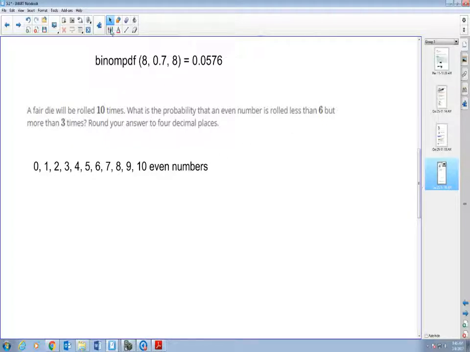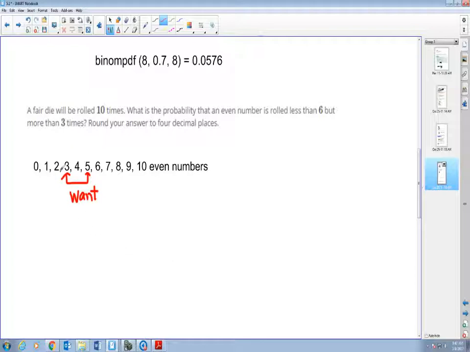This problem wants me to find less than 6. This is tricky. But more than 3. Less than 6, do you count 6 to be less than 6? No. So what you want is 3 to 5. So this is ultimately what I want, 3 to 5.